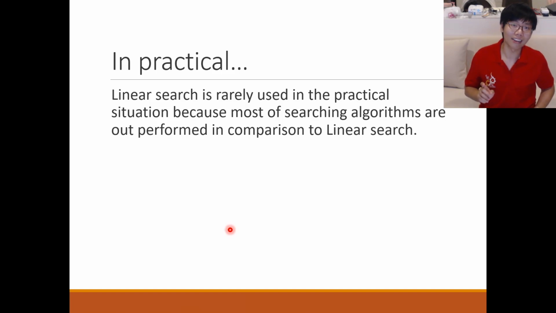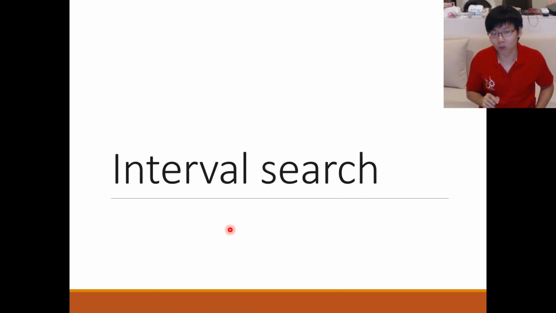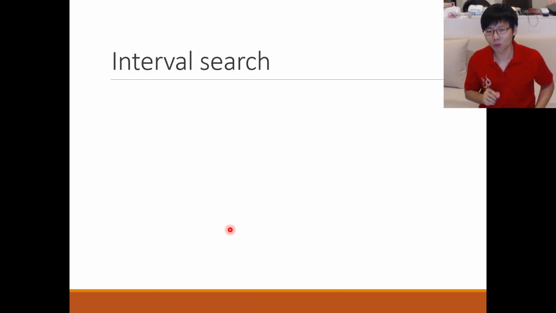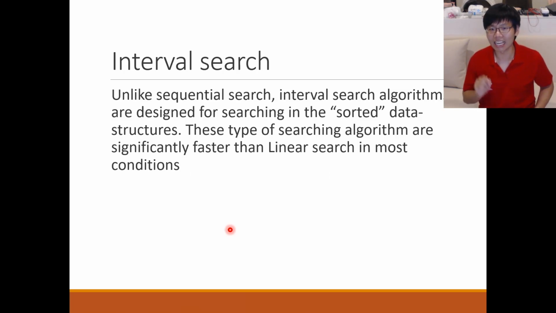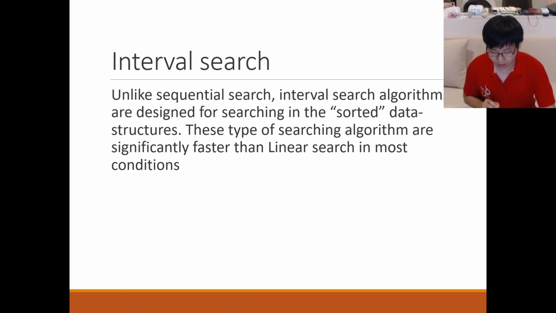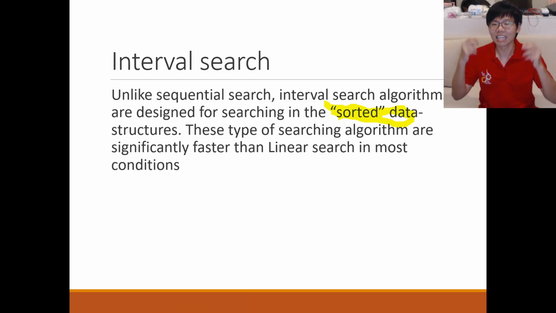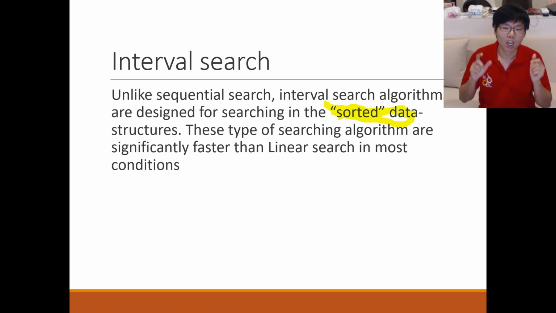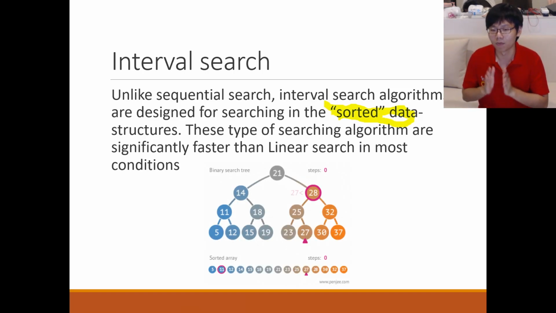So the basic idea comes to the interval search algorithms. Interval search algorithms are aimed only at sorted data types. I put this in double quotes here, and please keep it in mind: these searching algorithms are mainly made for sorted data types and sorted data types only.